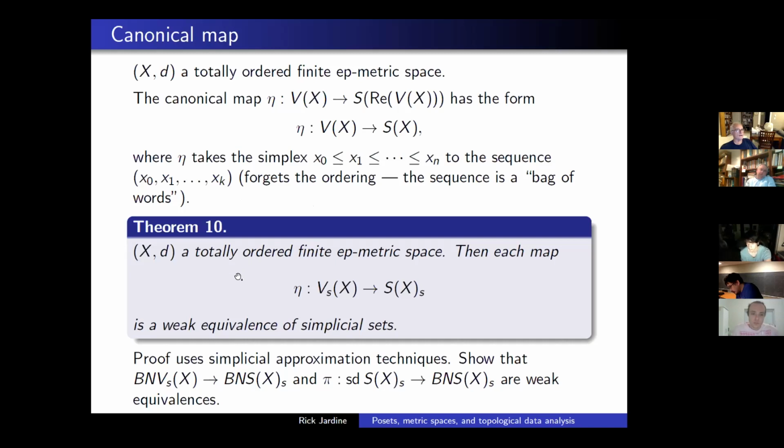but it doesn't matter because we have a theorem that says that this canonical map for a totally ordered finite EP metric space is a weak equivalence of simplicial sets for all distance parameters S. Okay, again, this is a non-trivial result. The proof uses old stuff that I know from simplicial approximation theory. There's two steps to the proof.